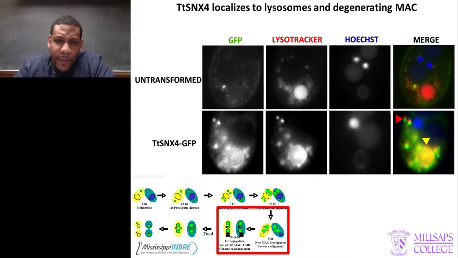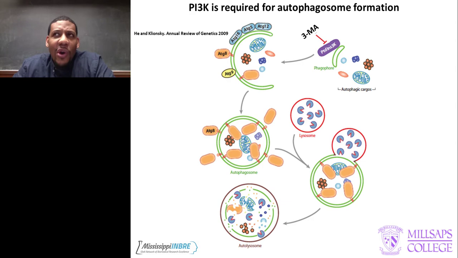Okay. So we wanted to know if the localization of SNX4 to this degrading macronucleus was dependent on autophagosomes. And so what we did was we looked at whether SNX4 would localize to the nucleus in the presence of 3-MA, which should inhibit autophagosome formation.